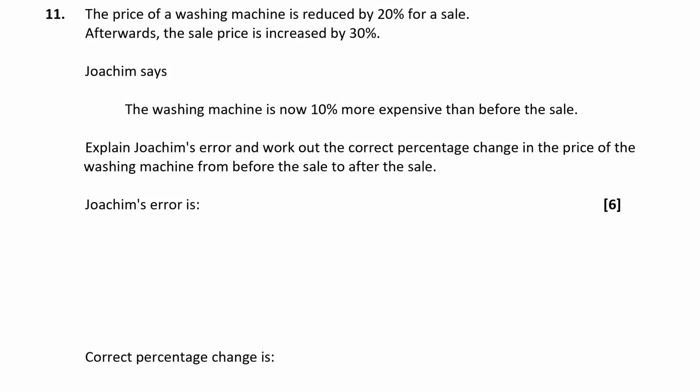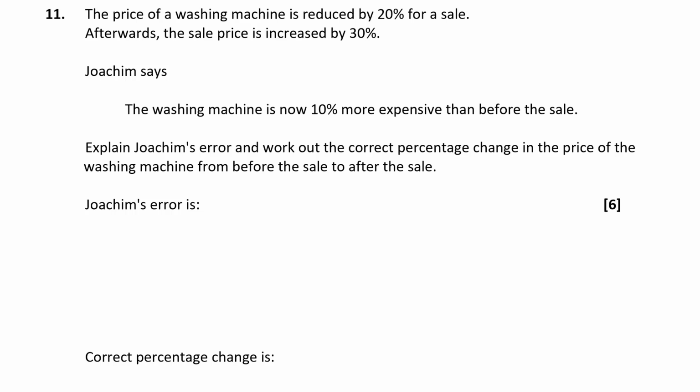Now, Joachim's mistake here is he's treated these 20% and 30% as additions, isn't he, or addition and subtractions, when really they're multipliers. When we reduce something by 20%, we're not going to be subtracting 20% and adding on the same amount plus another 10%. That's not how it works, because when you increase by 30%, you've got less there to start with.